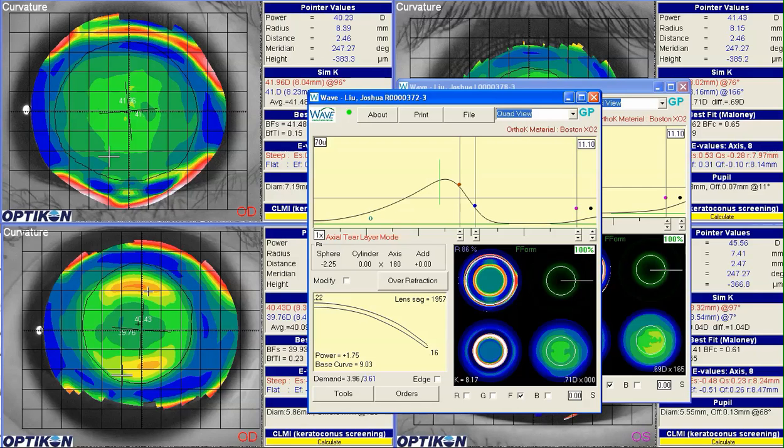If there's myopic progression, then yes, the patient will be taking more minus with the lens on. But if the patient just started treatment and has not really had time to progress, we ought to be getting pretty close to plano or low plus over refraction with lenses on. So just keep an eye on that, and if it does turn out that the undercorrection is not as severe as we thought, I would build that into the lens as well.